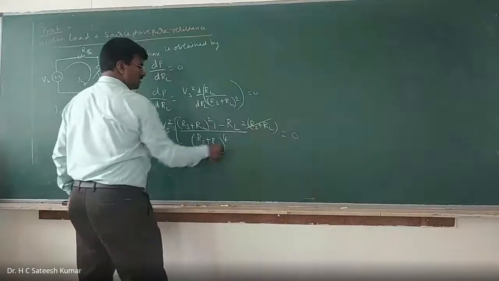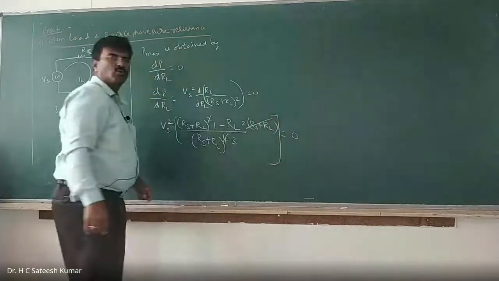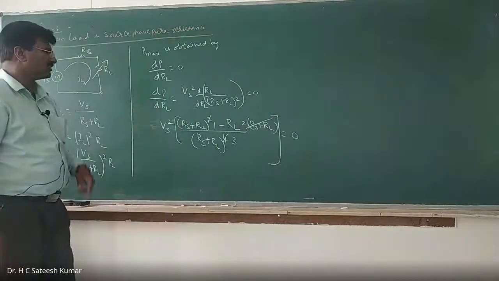One (Rs plus RL) cube times gets cancelled. One (Rs plus RL) you take common and cancel it. So what will you get?